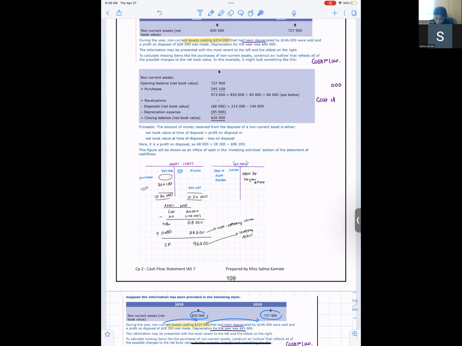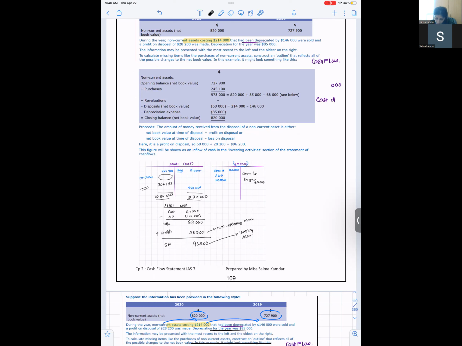So when you make your non-current asset schedule, the proceeds on disposal is 96,200. If you have to make your non-current asset schedule, you will make opening balance plus purchase, plus revaluation, minus disposal, minus depreciation, you will get your closing balance.